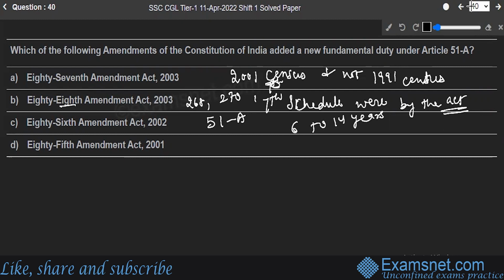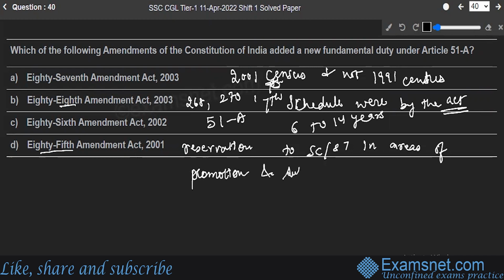to 14 years. If I'm talking about the 85th Amendment Act 2001, it was to extend the advantage of reservation to SC, ST in matters of promotion and subsequent seniority.